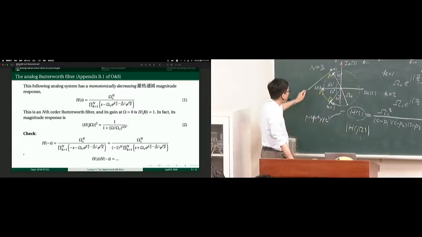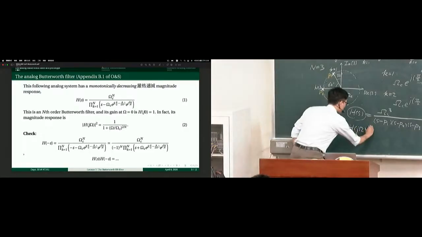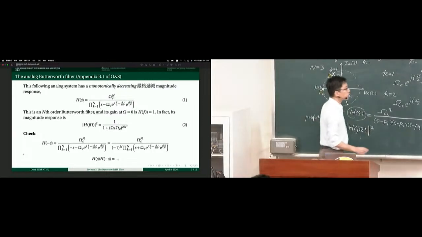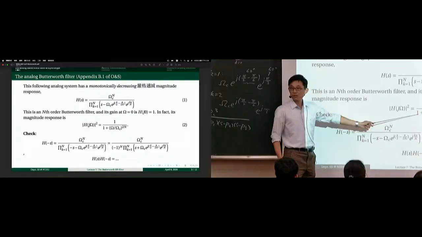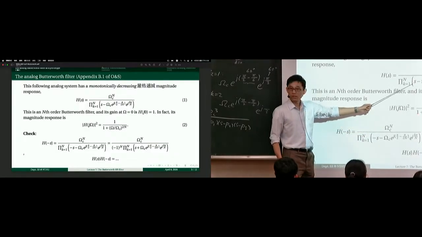How about we evaluate the system function on the imaginary axis? That gives you the magnitude response. Put a square right here. It turns out that when you do that, surprisingly, the expression is pretty simple. This is quite complicated, right?